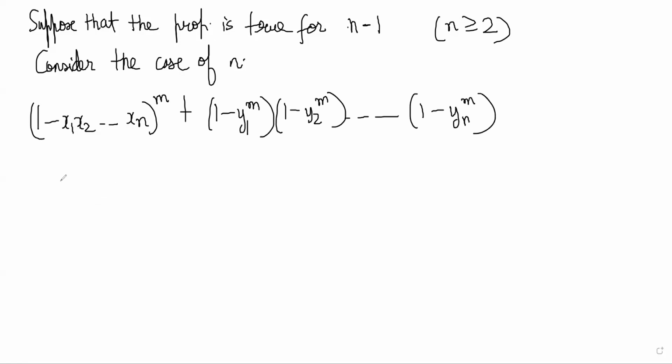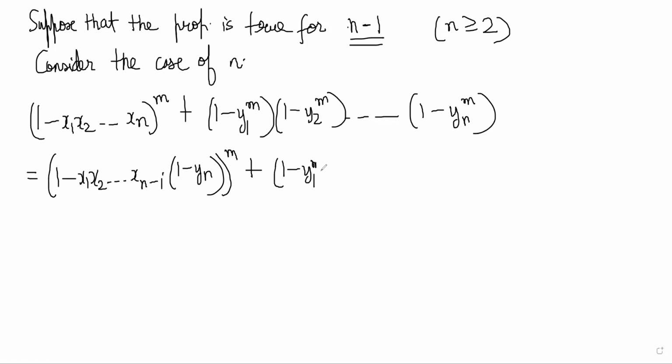Now we know that the proposition is true for n minus 1 terms, right? So we can write this as (1 minus x1x2...x(n-1)) and instead of xn, I can write 1 minus yn here, and whole power m, plus we can write the other terms as they are, until (1 minus yn) to the power m.